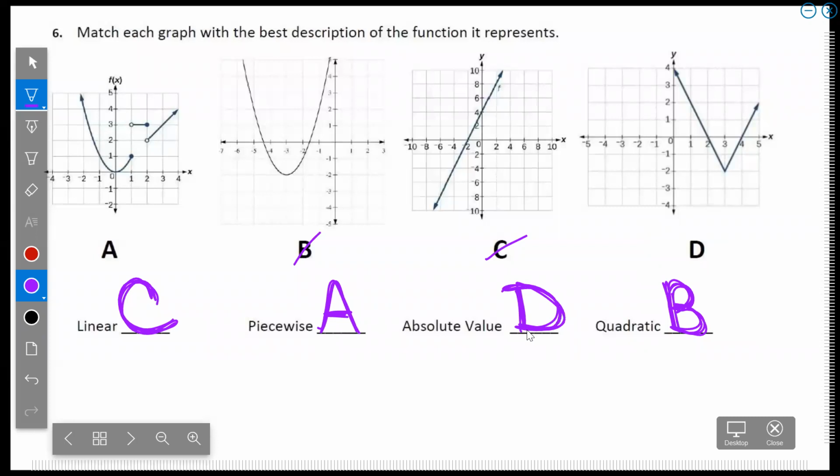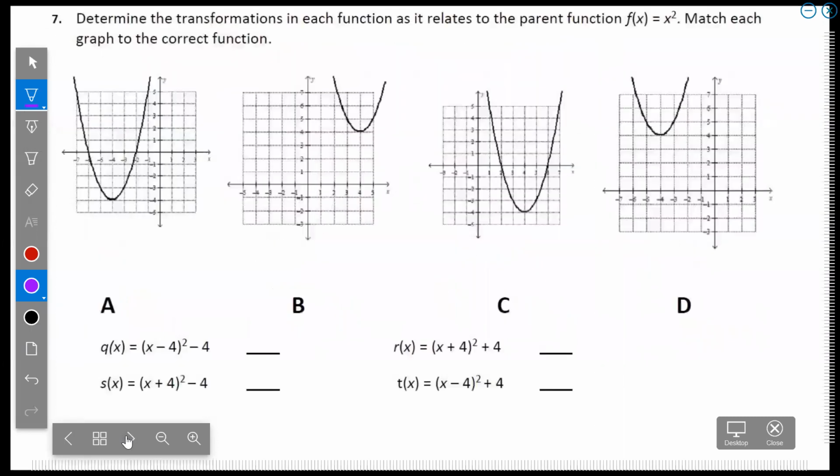All right. What else would you guys like to see? 7. All righty. Okay, so on number 7, the first thing I'm going to look at is these last numbers. This tells me how far up or down to look for the vertex.